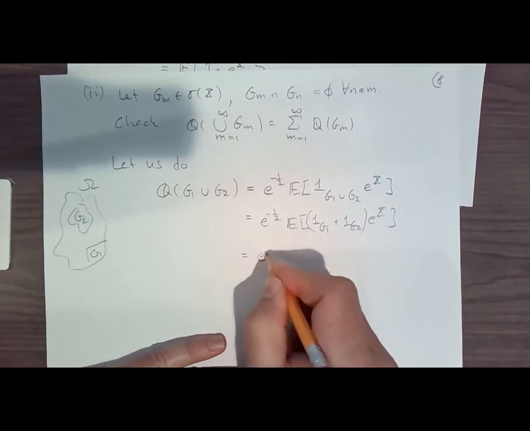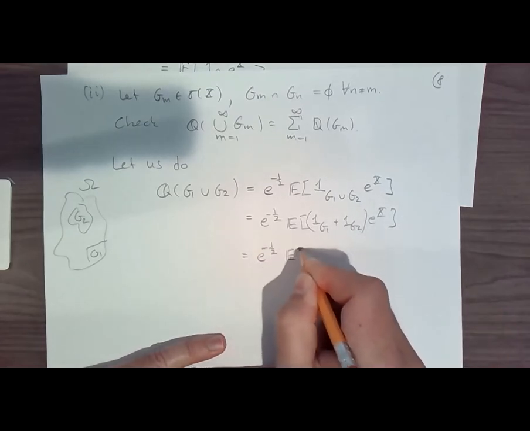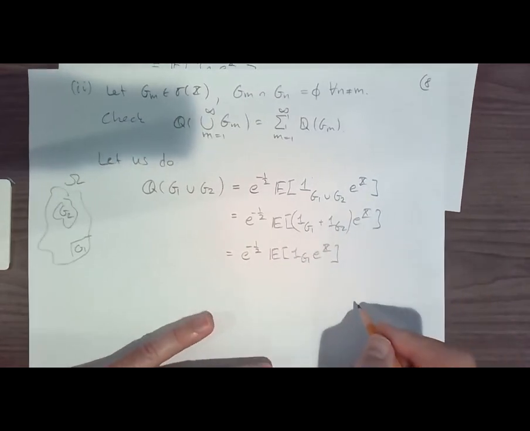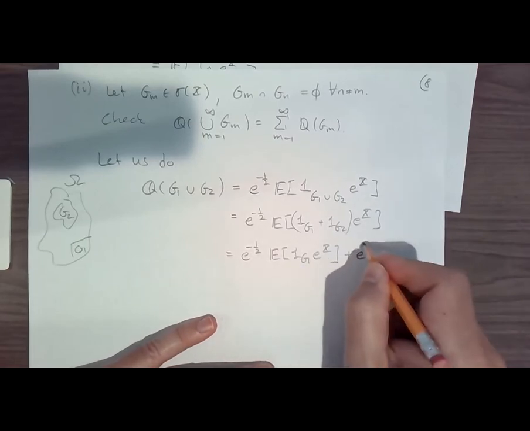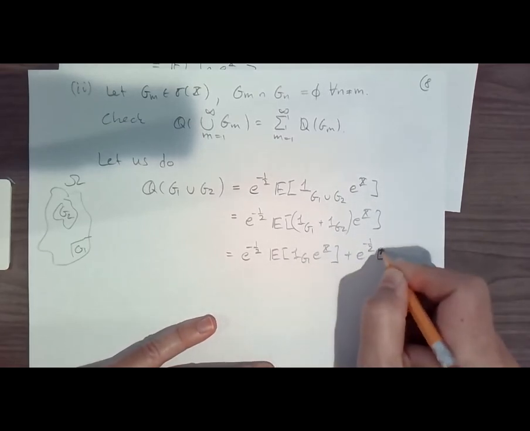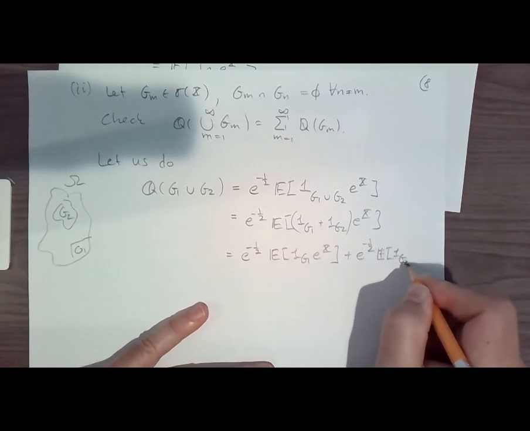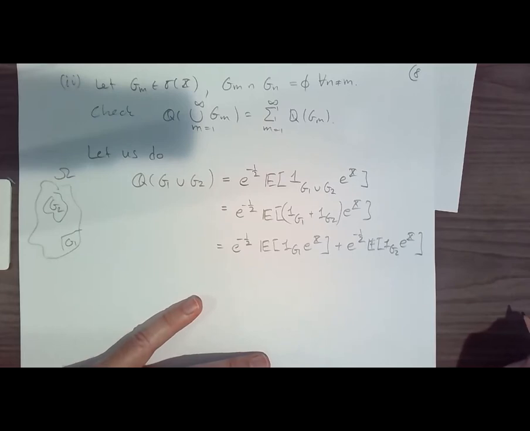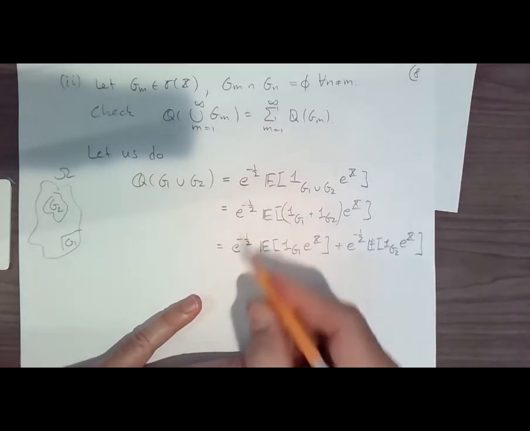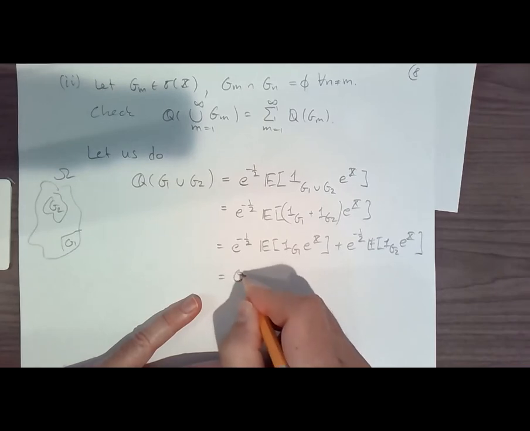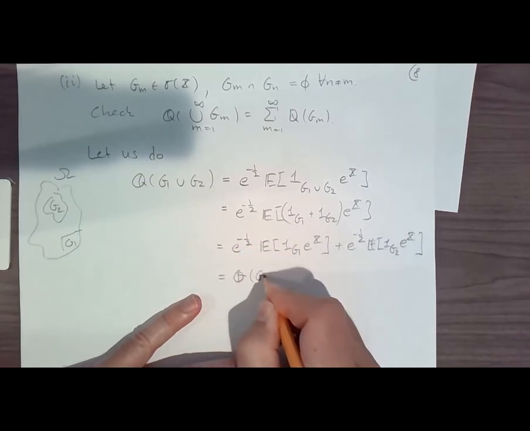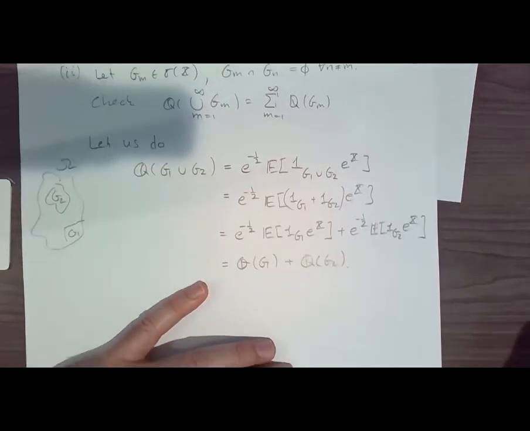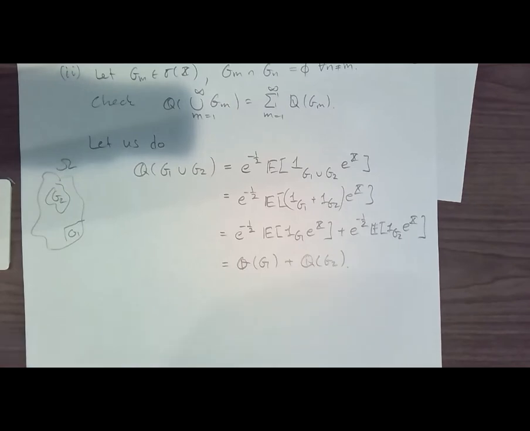So this becomes e to the minus 1/2 times the expectation of 1_G1 e to the X, plus e to the minus 1/2 times the expectation of 1_G2 e to the X. But now we use the definition of Q. This is Q of G1 plus Q of G2. And that's what we wanted to prove.